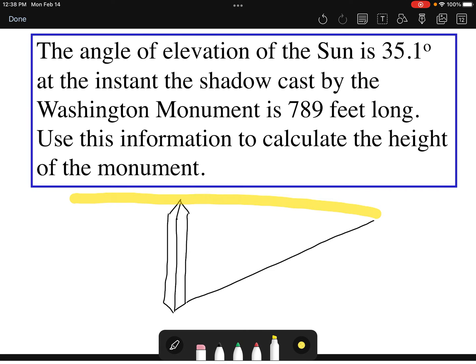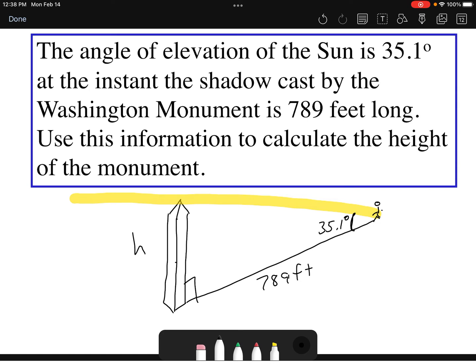That's creating this shadow. Well, we know that this is 90, kind of got a three-dimensional. We know that the angle of elevation is 35.1 degrees. We're supposed to find the height. Oh, forgot one thing. It's 789 feet away from where we're standing, measuring, right? Obviously not to scale, because this would be much taller if my guy was that tall.